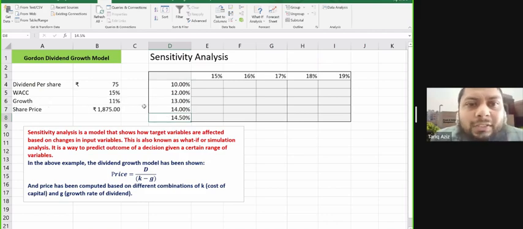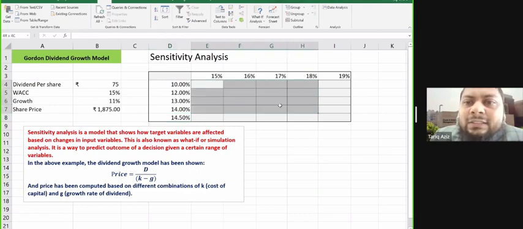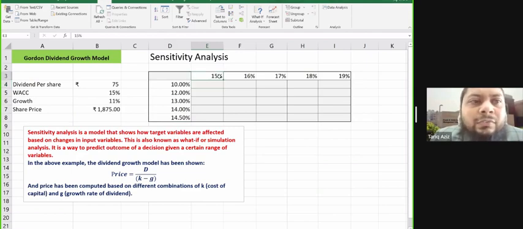I want to fill this table. What will be the share price if the weighted average cost of capital is 15% and the growth rate is 10%? That share price will be calculated in this cell, E4.